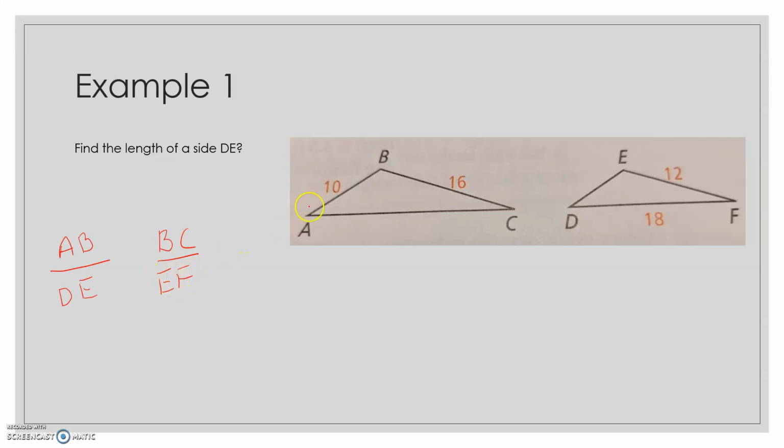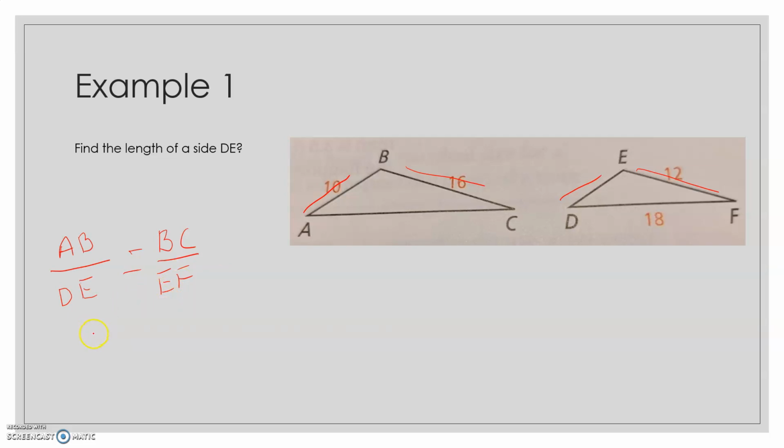AB and DE are in the same place, and BC and EF are in the same place. They're corresponding on our two triangles. Because of that, we know that these two ratios are equal. They create a proportion.